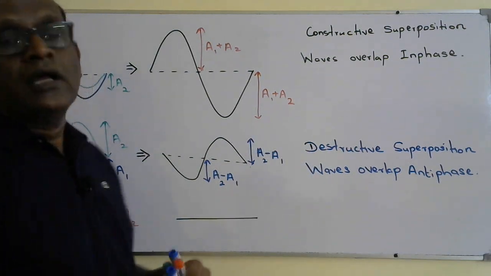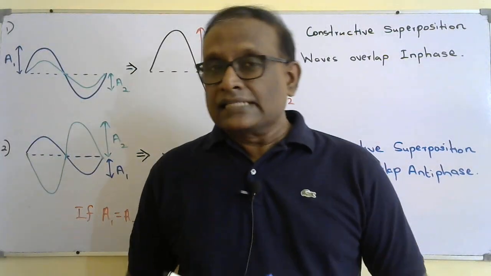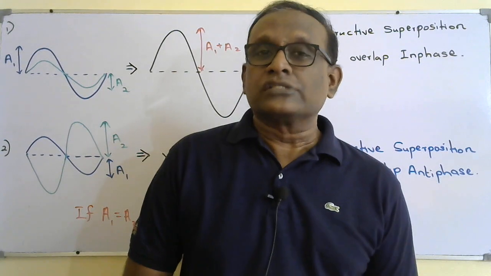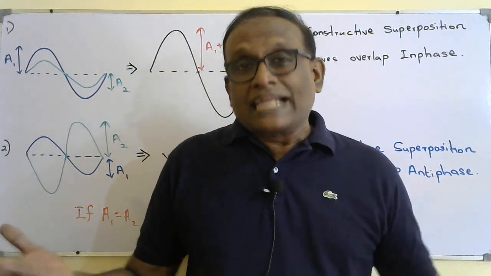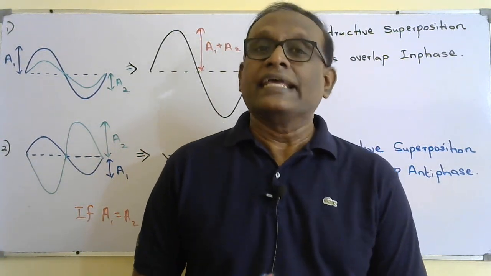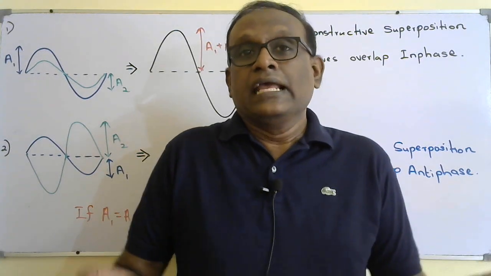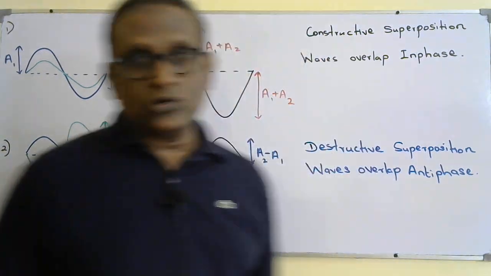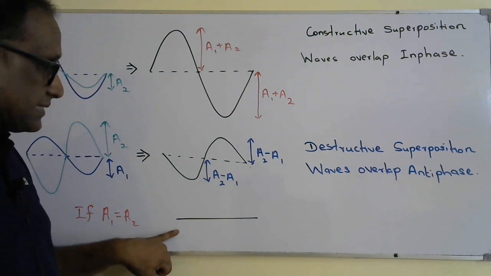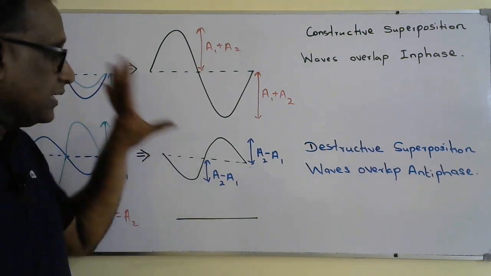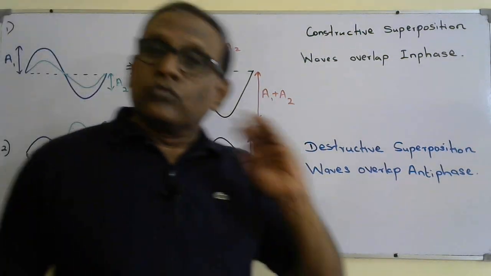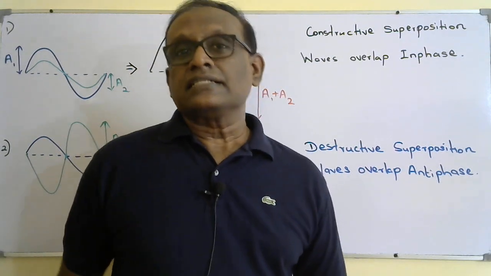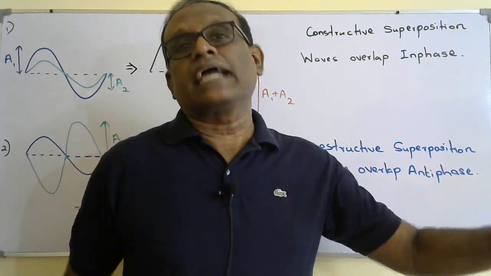There is no wave. It's completely gone. I can use the word, they cancel each other. There will be complete cancellation if they have the same amplitude and when they overlap antiphase.